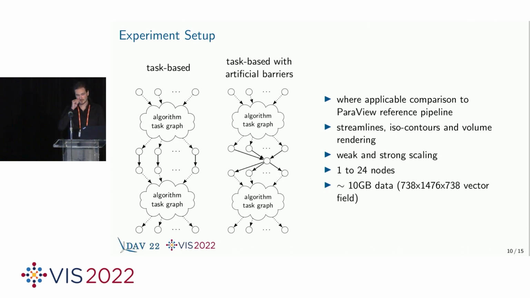And we investigated these experiments on 3 prevalent visualization use cases: streamlines, isocontours, and volume rendering, and weak and strong scaling experiments on 1 to 24 compute nodes with roughly 10 gigabytes of data as a vector field.